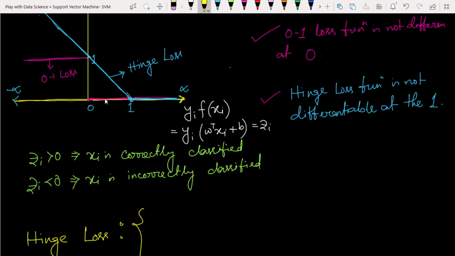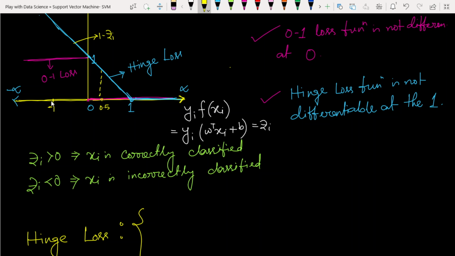What does that mean? If we take the value 0.5, then this value is 0.5. Suppose I take minus 1. So what will be the value? This function is 1 minus Zi.